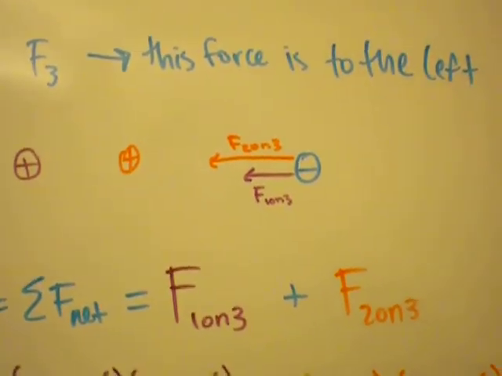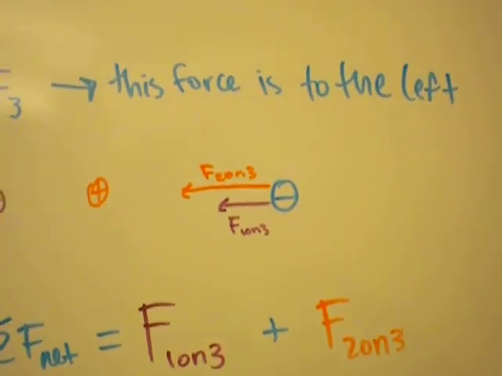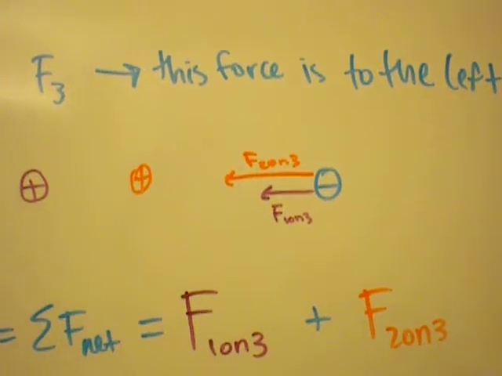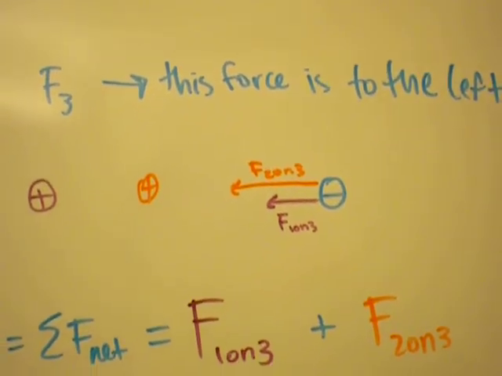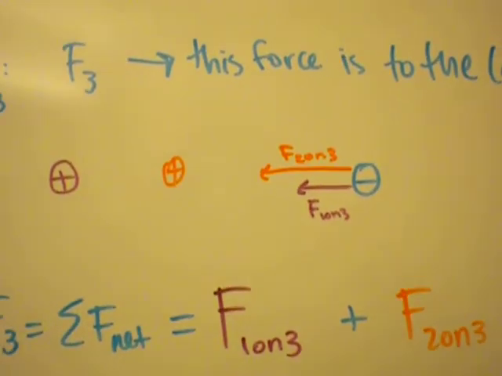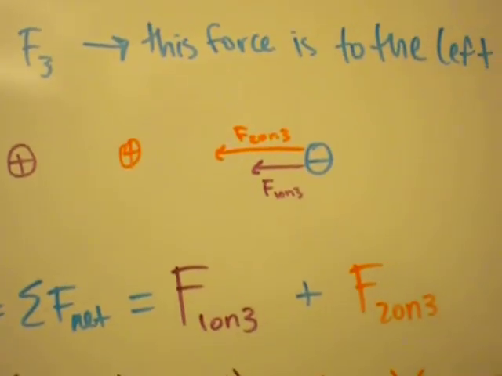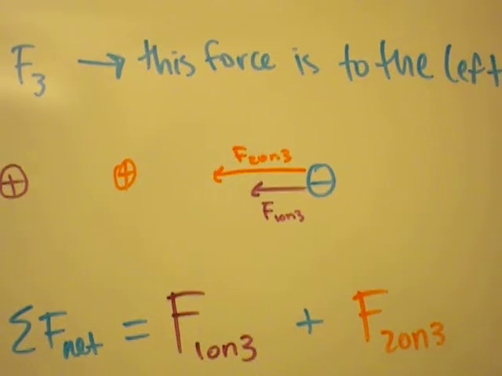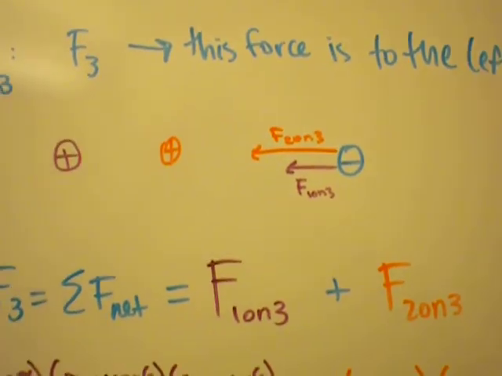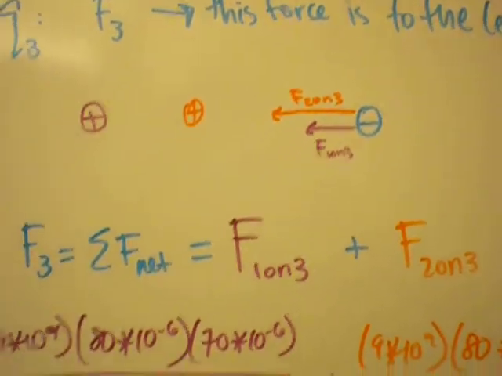And you might think that we're going to report this answer as negative because we reported the answer for charge number 2 as positive, but we're not, because force isn't really negative. So we're just going to specify the direction by saying it's going to be to the left instead of calling it negative, because that's confusing.